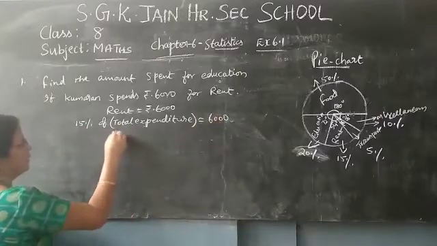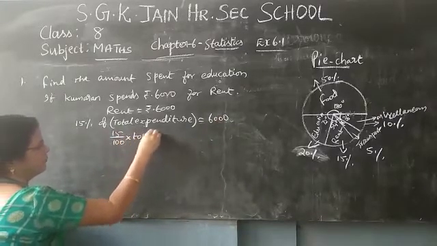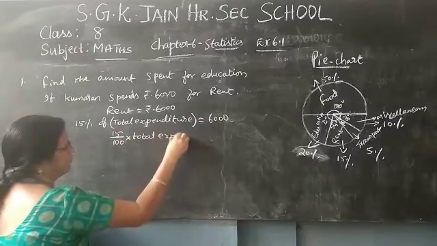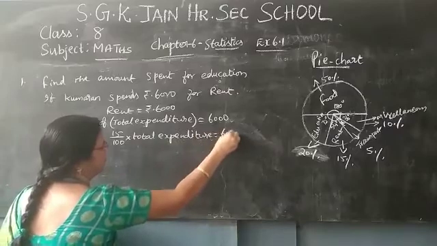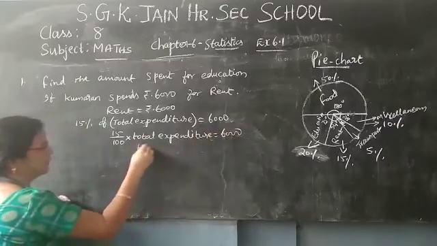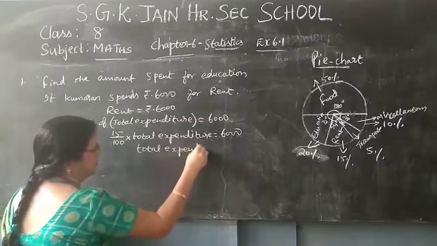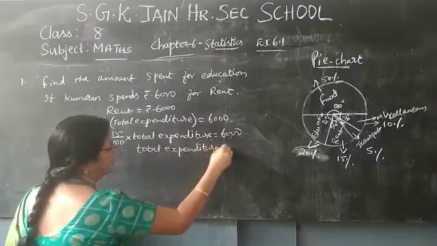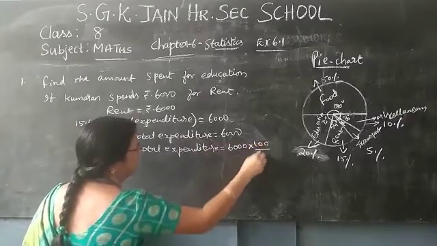Now 15 by 100 into total expenditure equal to how much? 6,000. But we need total expenditure. So total expenditure equal to 6,000 into 100 by 15.